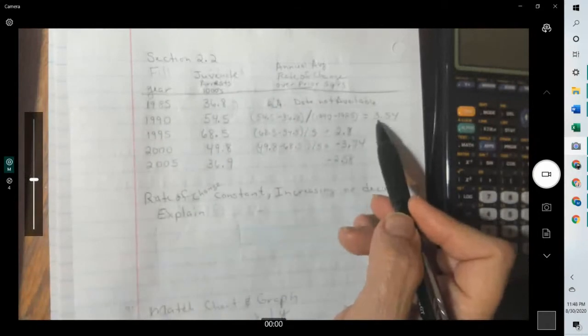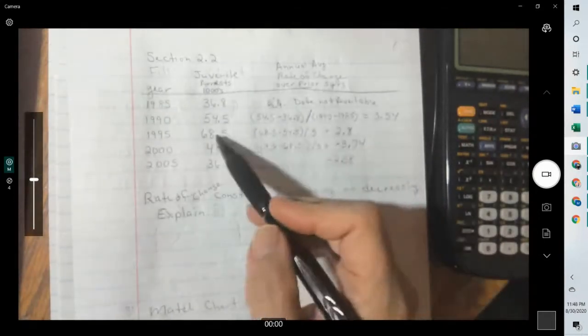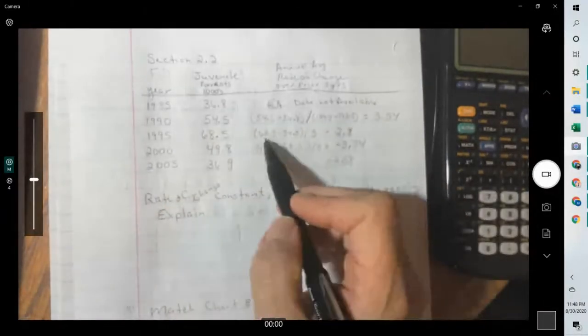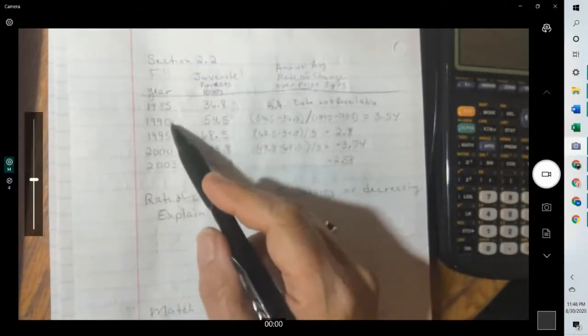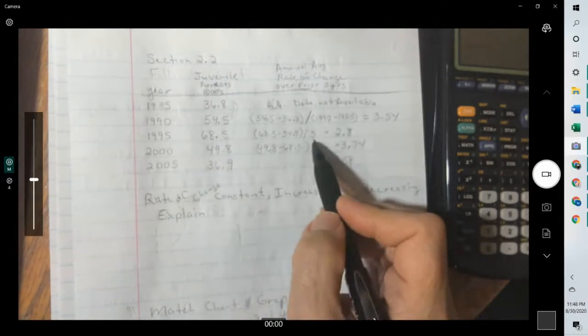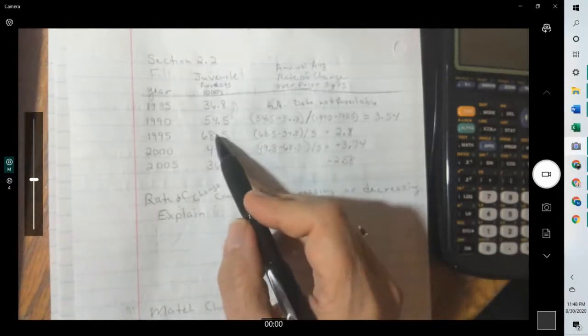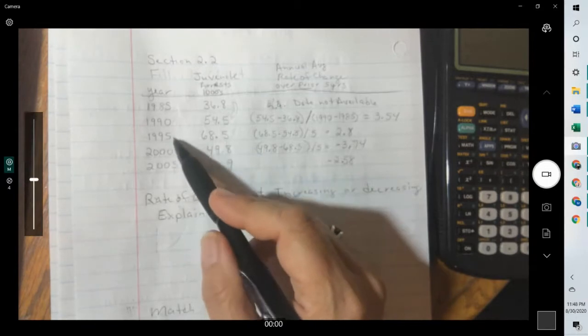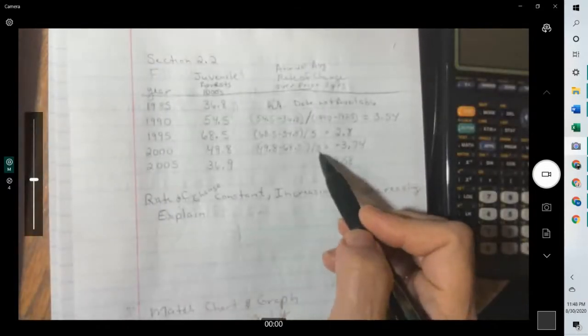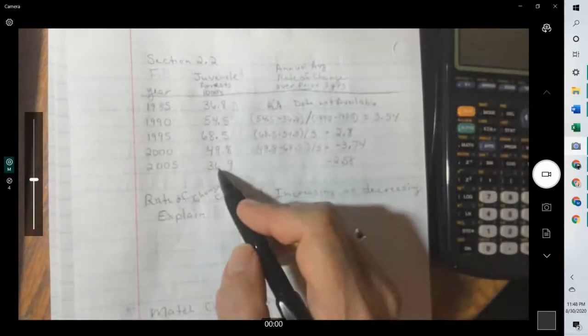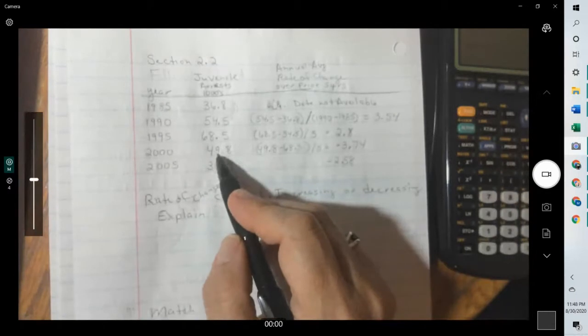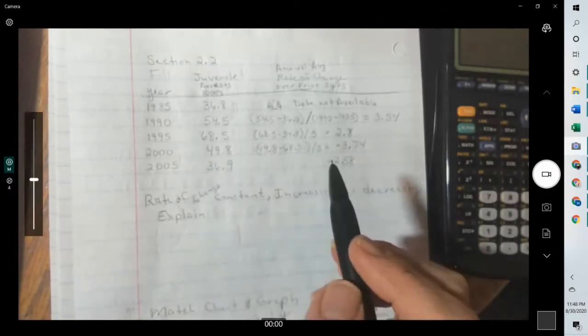And this one was an increase of 3.54. Then the next one, you use the next two sets of points. And we subtract the 68.5 and the 54.5 and divide by this difference, which is 5. And then the next one, this minus this, divided by, again, 5, gives us a negative. And the last one gives us also a negative, taking 36.9 minus 49.8 and dividing by 5 again. So that's how you would do it in a chart.